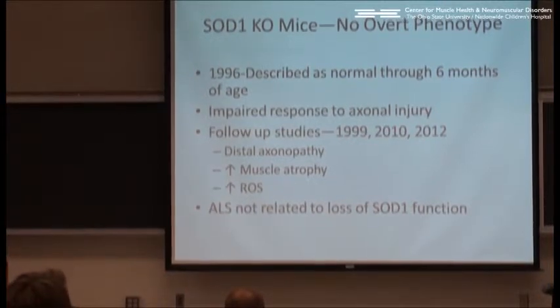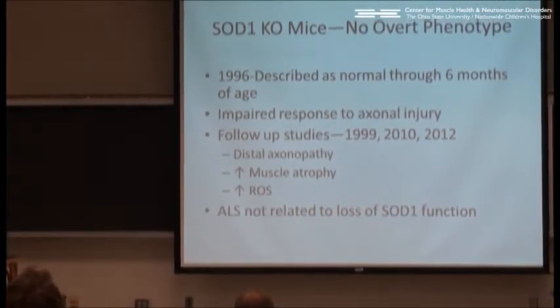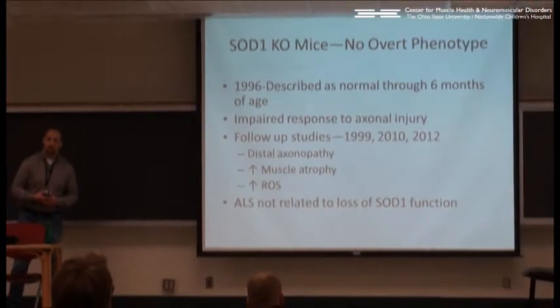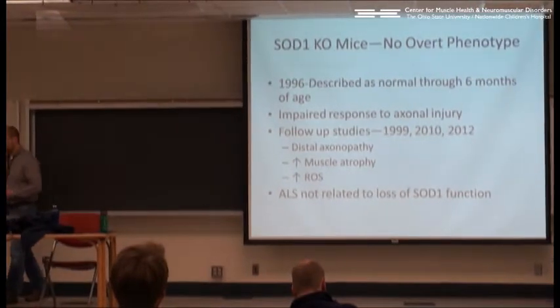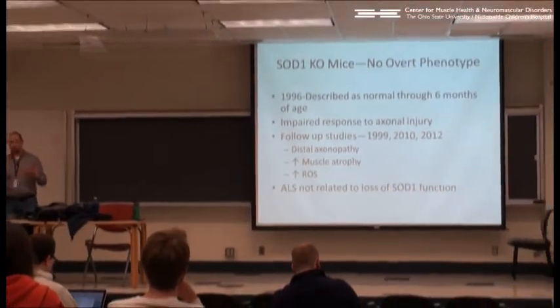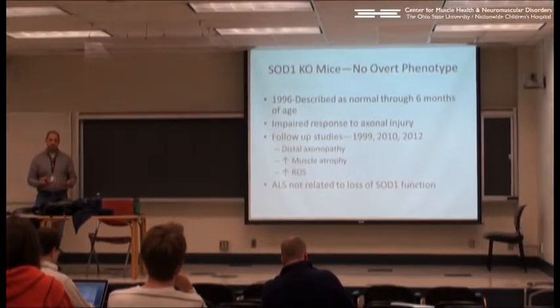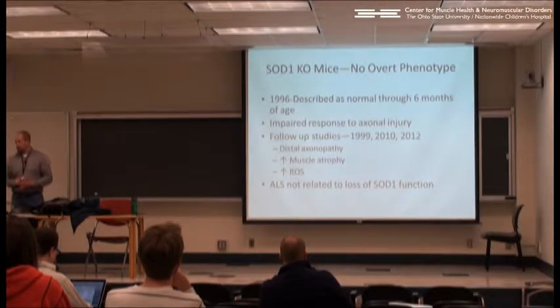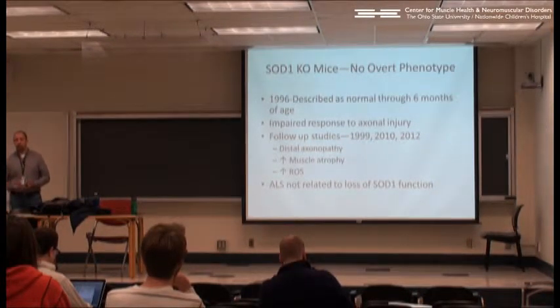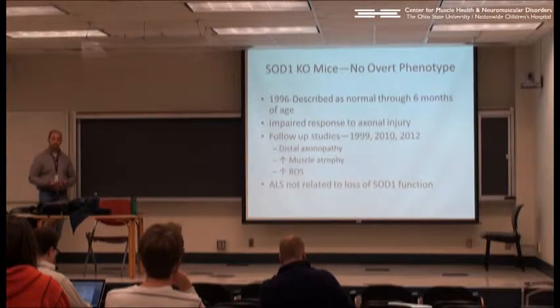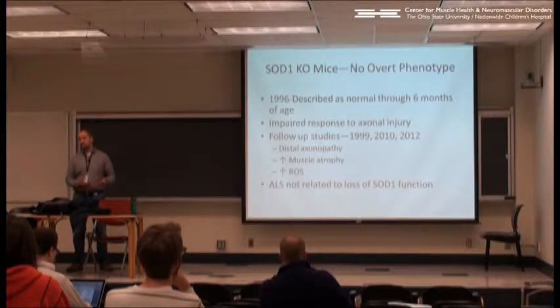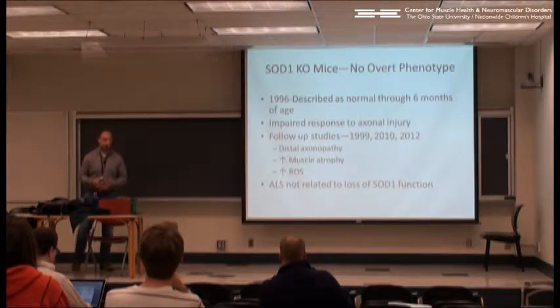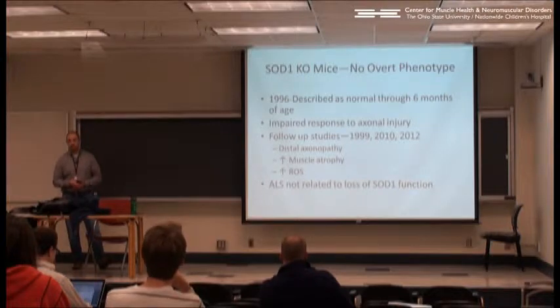The way that was done in 1996 was through a knockout of the mouse SOD1 gene. The first evaluation of this animal more or less called it a normal animal for the first 6 months of its life. So they went ahead and performed a peripheral nerve injury in the mice and showed that, in fact, the deficient animals did have a weakened repair response to the axonal injury.